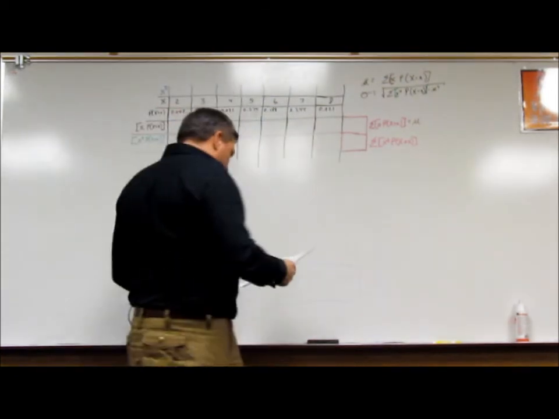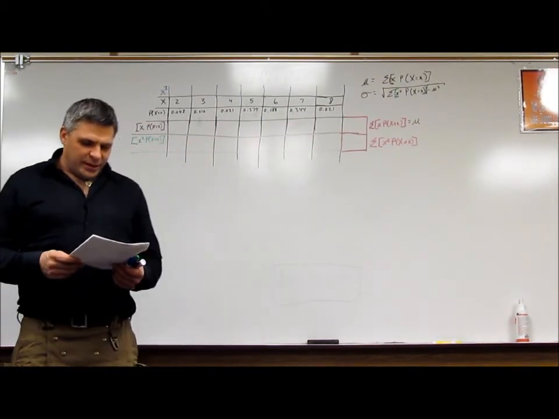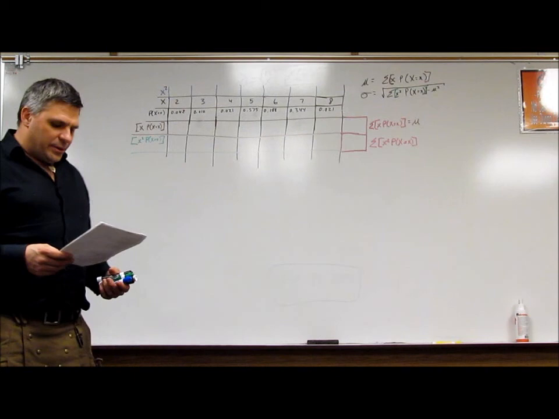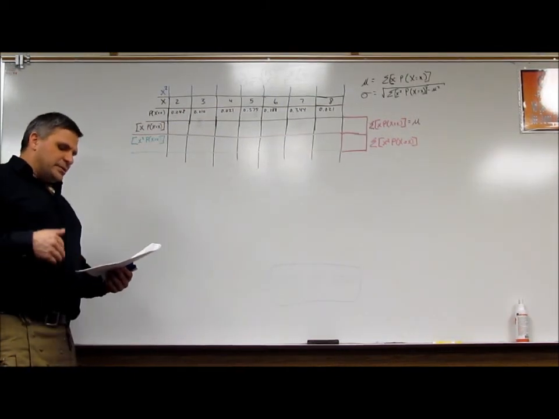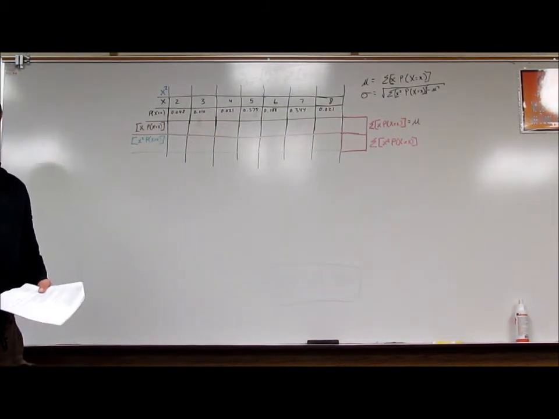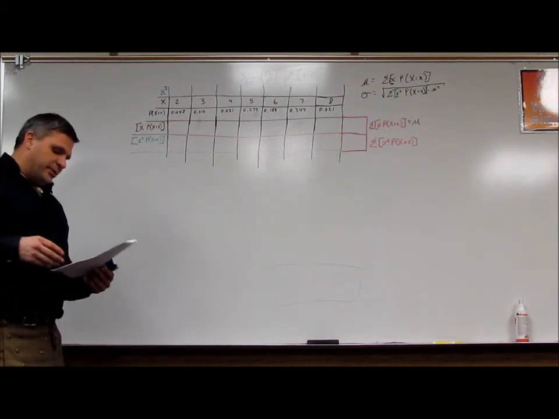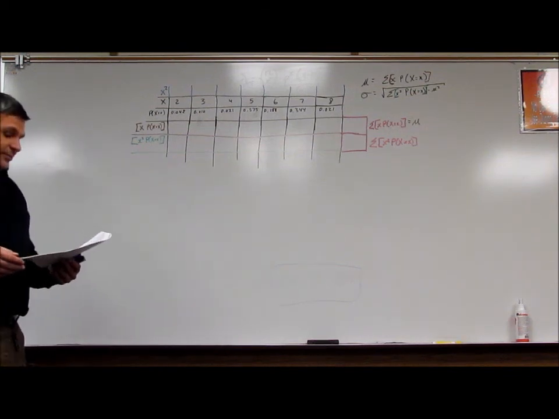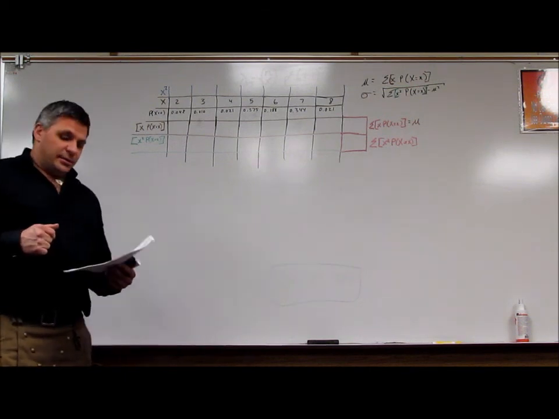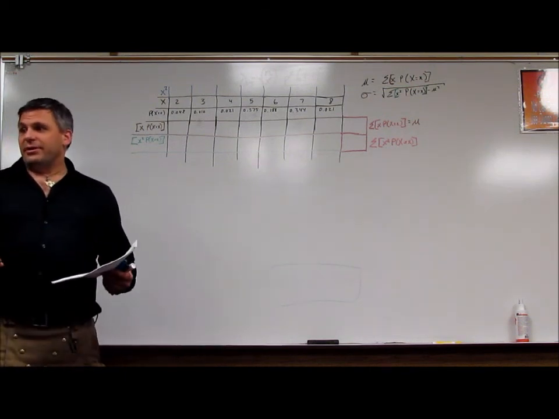Okay, for this problem, we're going to be working with finding the standard deviation of a random variable. To find the standard deviation of the random variable, we also have to find the mean of the random variable.